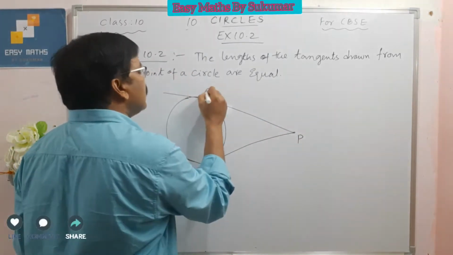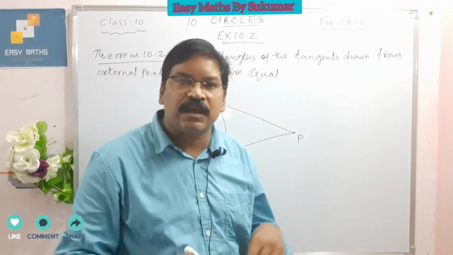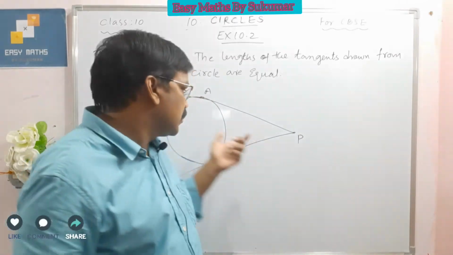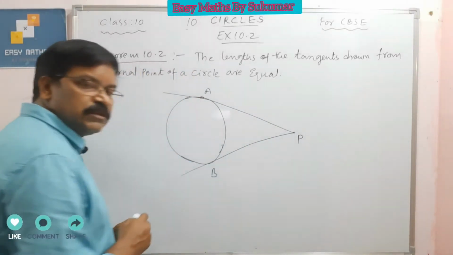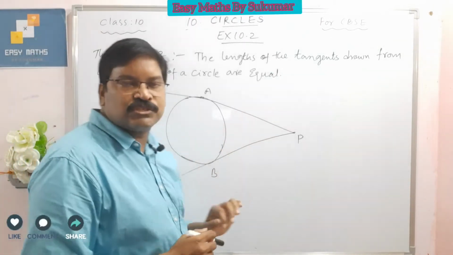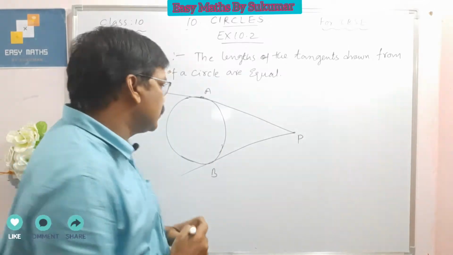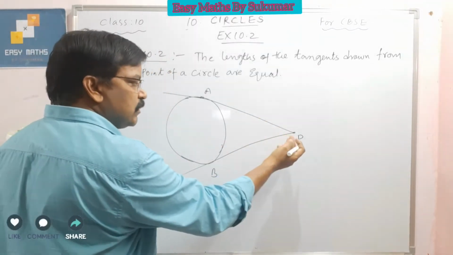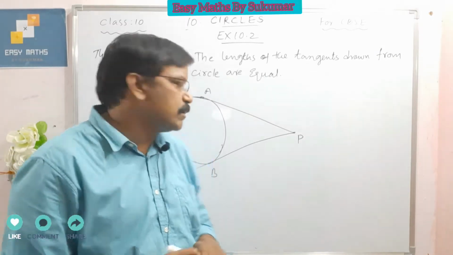Here A and B are the points of contact. That means PA and PB are the tangents of the given circle from this external point. So we have to prove that these two tangents are equal. That means we have to prove that PA and PB are equal.